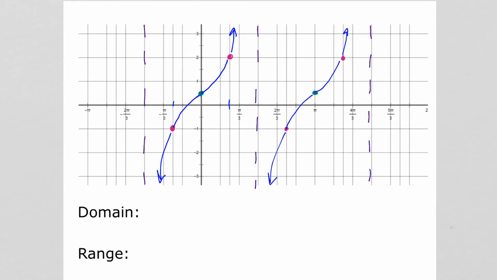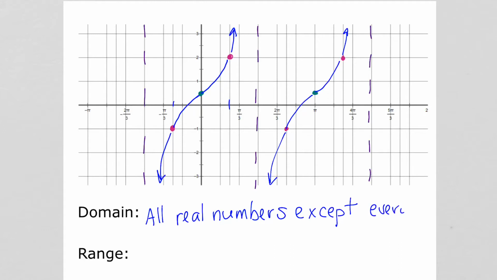The domain is all real numbers except every pi, and we'll put in the period here, starting with one of the asymptotes.